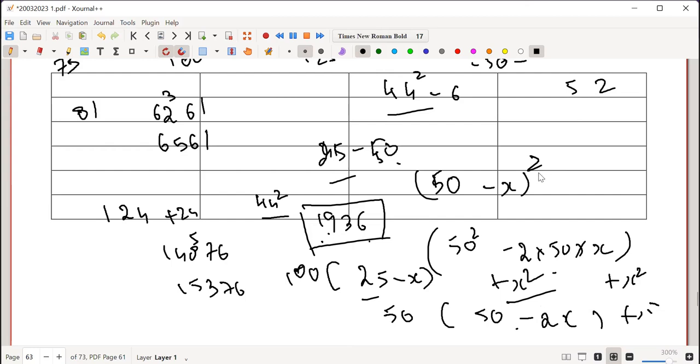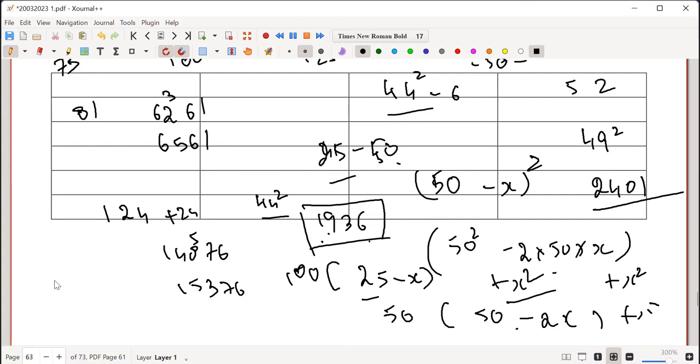If it's the 100 base, you can directly subtract from the same number. But for the 50 base, you have to subtract from 25. If I'm asking for 49 square, 49 is 1 less than 50, so subtract from 25. 25 minus 1, 24, 1 square, 01.